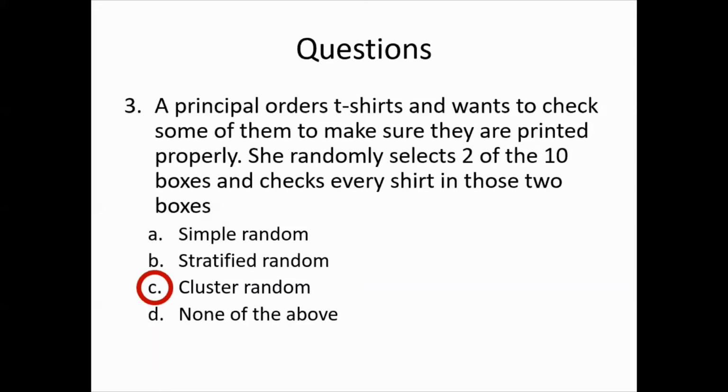So she checking every t-shirt in this subset group of the entire population shows that she's doing a cluster random sample. There we go. Awesome. All right, let's move it right along.